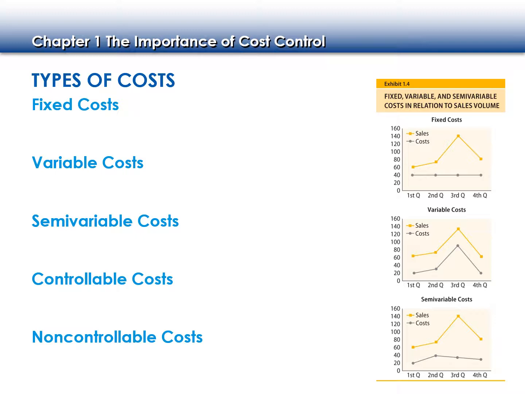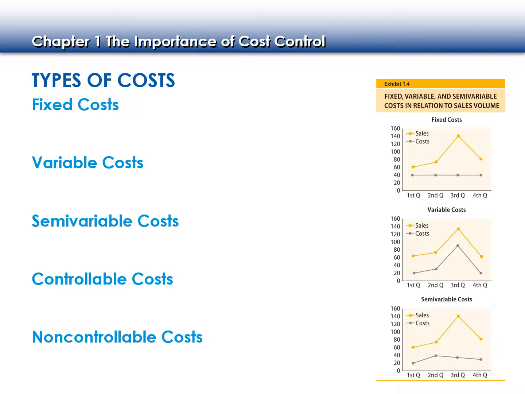Okay? So variable costs, you'll see with this chart right here, move in direct proportion. The key words there are direct proportion, meaning you look at this gray line as the cost and the yellow line is our sales. They move in the exact same way. They are like a mirror image of each other.